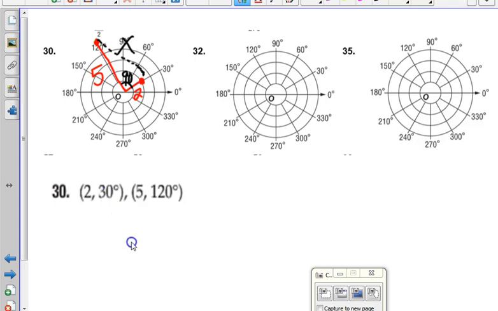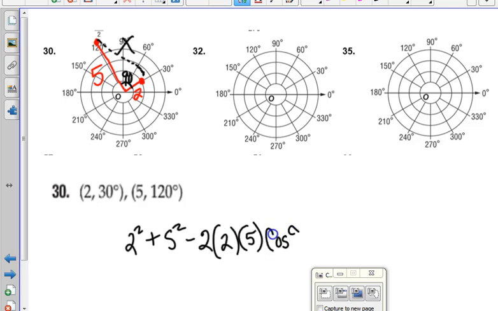But normally, you would need law of cosines, which is 2 squared plus 5 squared minus 2 times 2 times 5 times the cosine of the angle in between.